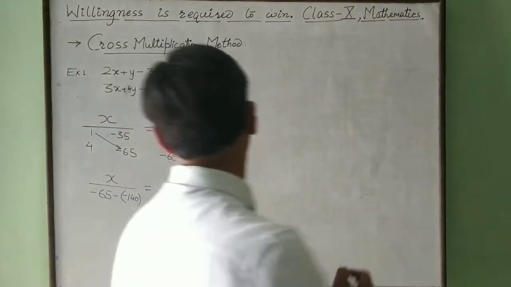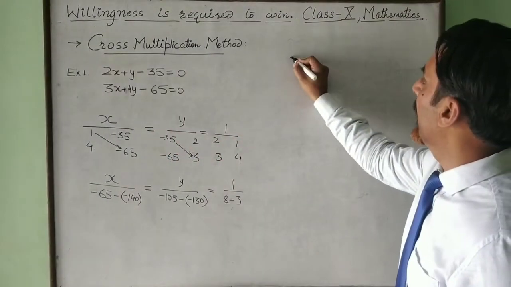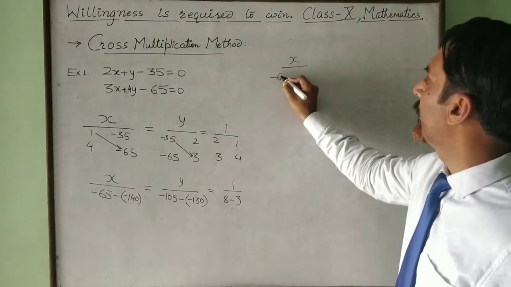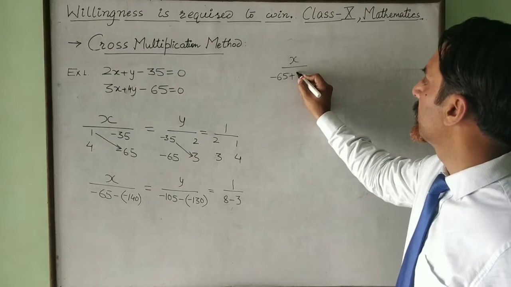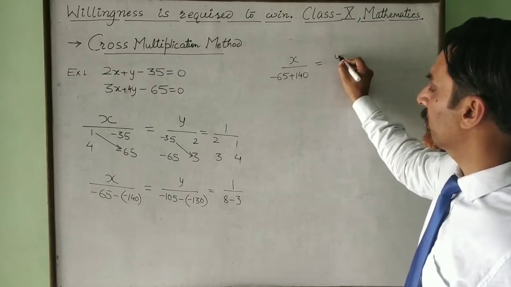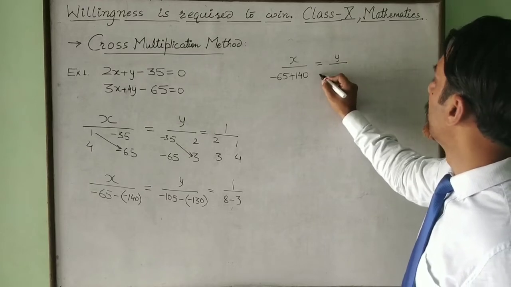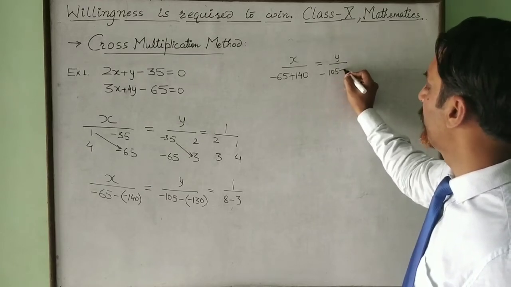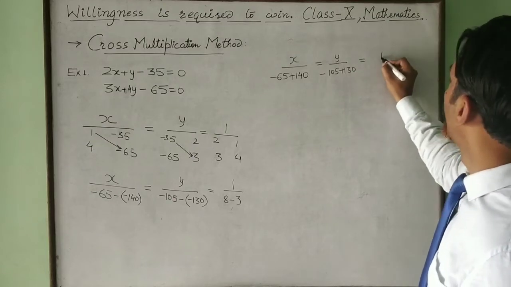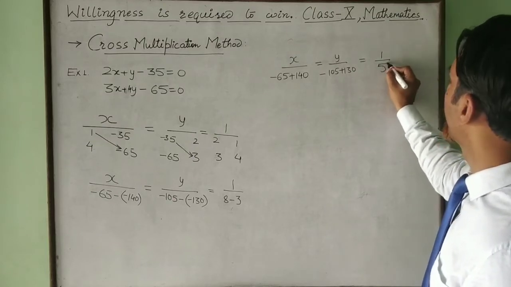So next what we have, x upon minus 65 plus 140 is equal to y upon minus 105 plus 130 is equal to 1 upon 5.